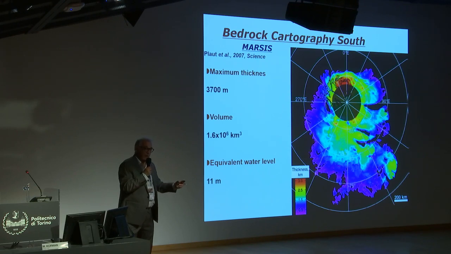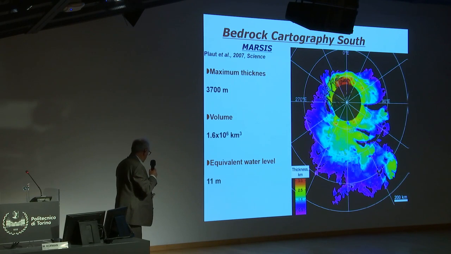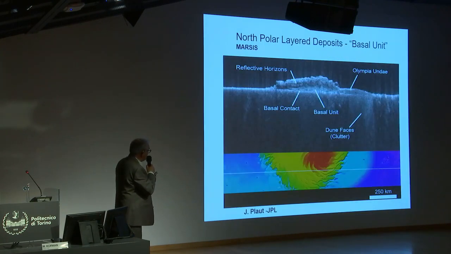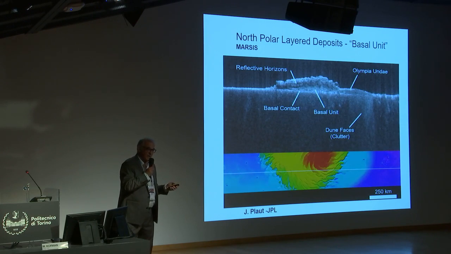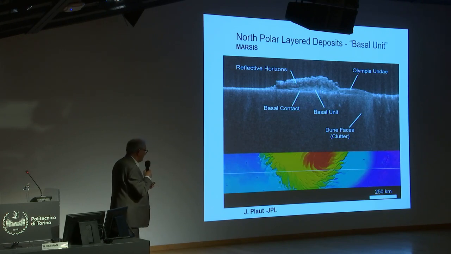In fact, if you add the North Pole, which is plotted here, then we have about double the liquid water the whole planet would have if the water were accumulated in the polar cap as water ice. And this exists presently on Mars.